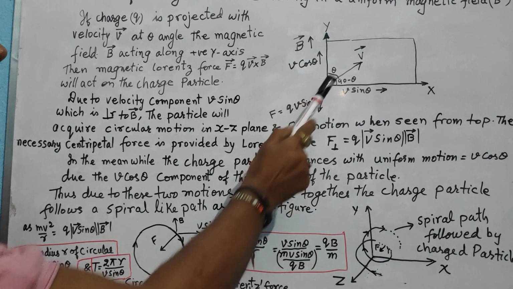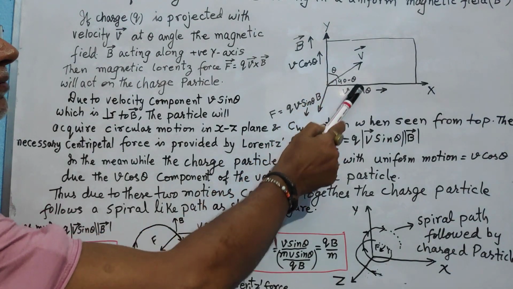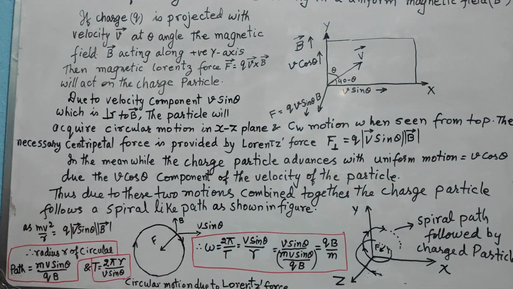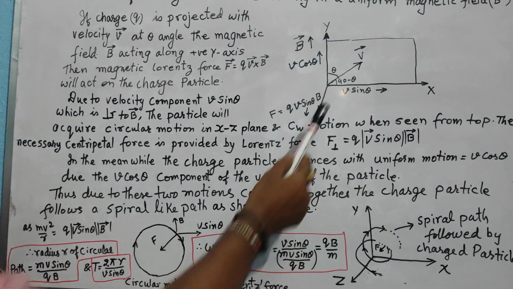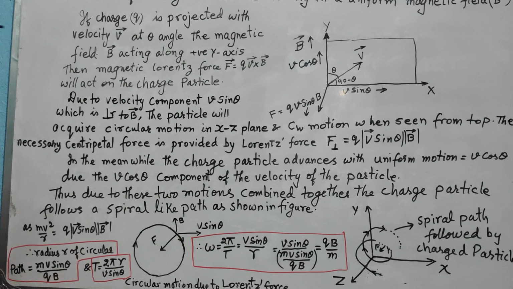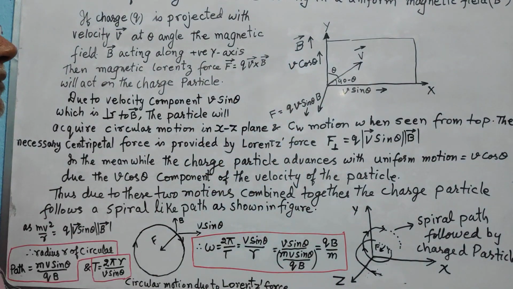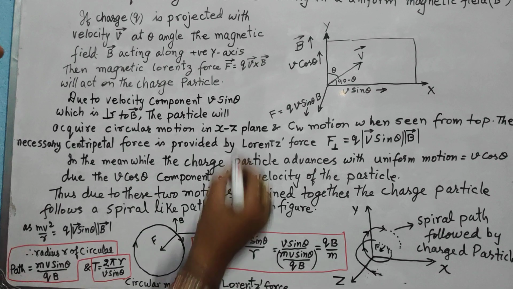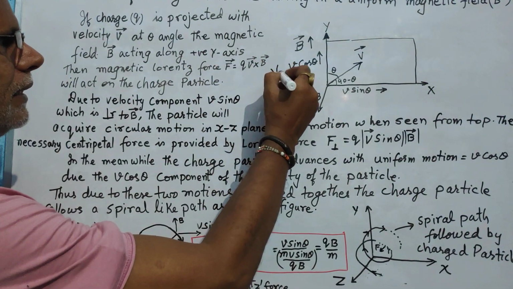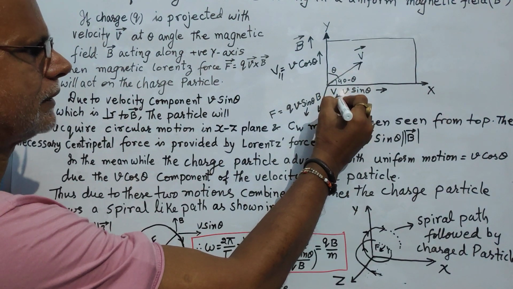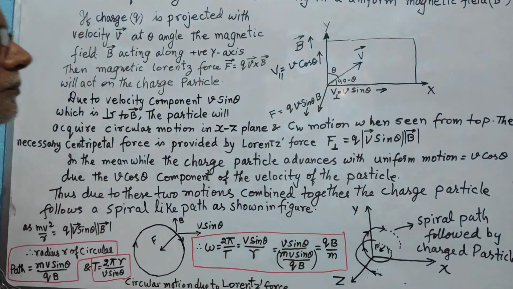Here we can have two components of the velocity, one along a direction perpendicular to the magnetic field, which we call the perpendicular component of the velocity, and one along the direction of the magnetic field, which we call the parallel component of the velocity. So we can write it like v parallel and v perpendicular.